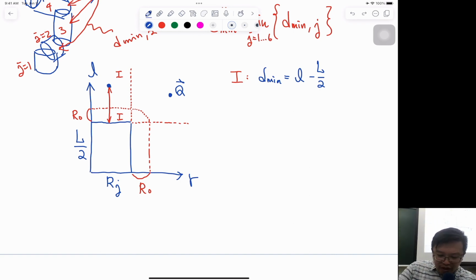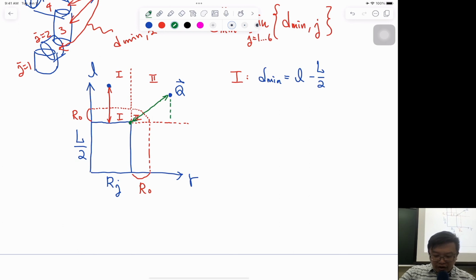So in another case, if this is region 2, then maybe this is also region 2, what would be the best way to compute the shortest distance? You can choose the corner point. It's going to be like that, right? If it's inside the entire region 2, the shortest distance is going to be from the center of the sphere to the corner of that rectangle. So how do you compute that?